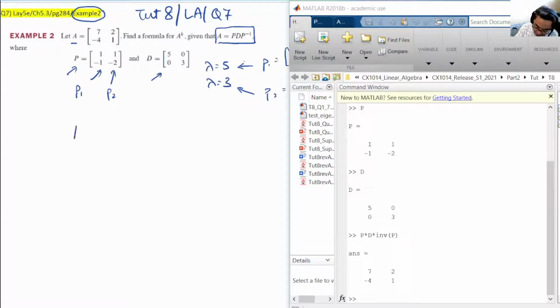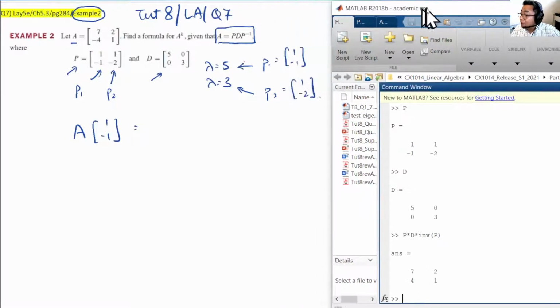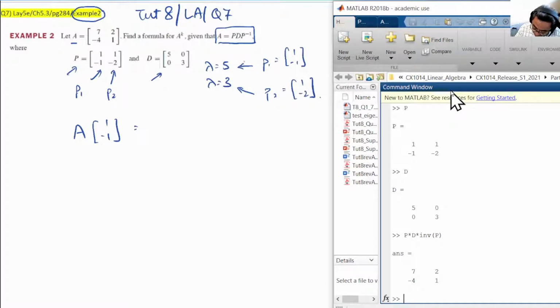Well, let's try. If we multiply A by this, and if this is a real eigenvector and eigenvalue, then I would think that we should get 5 and minus 5. Let's try.